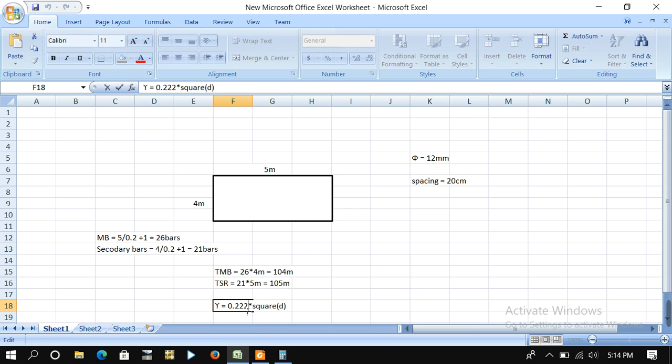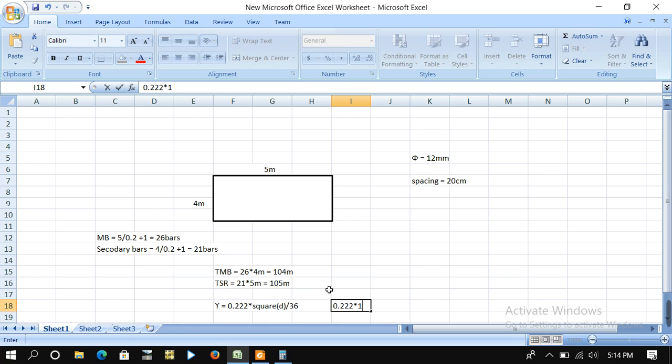So 0.222, and the diameter we assumed is 12 millimeters. So using that we can calculate the unit weight of a bar. 0.222 times 12 squared, divided by 36.